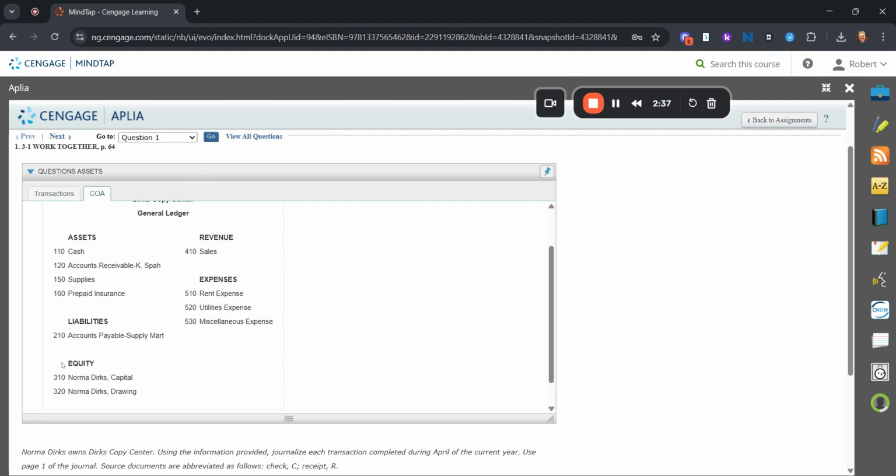Some larger companies, those might even be in the 2000s. We have equity, that's the owner's interest in the company, the financial interest of the owner in the company. Revenue, that's just going to be the one, sales. And then we have expenses in the 500s. So all of our expenses are in one group.